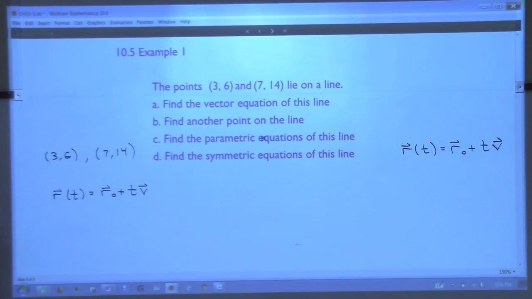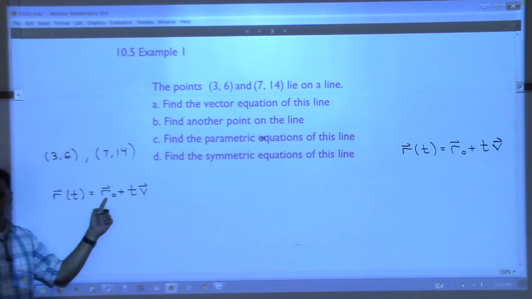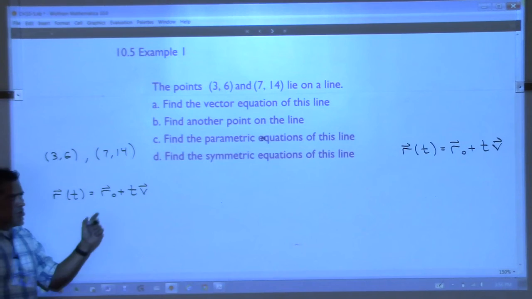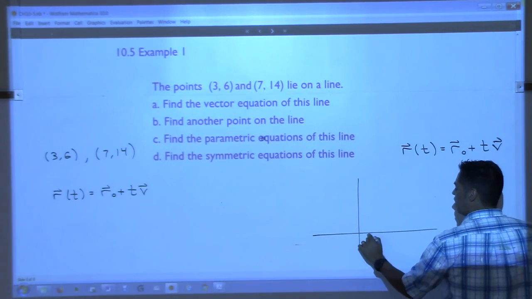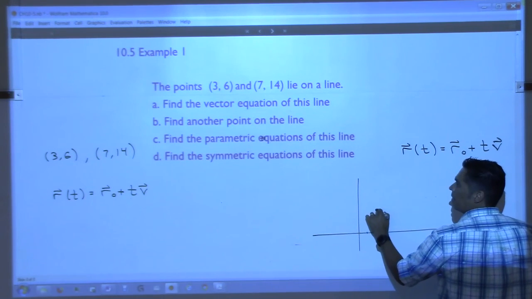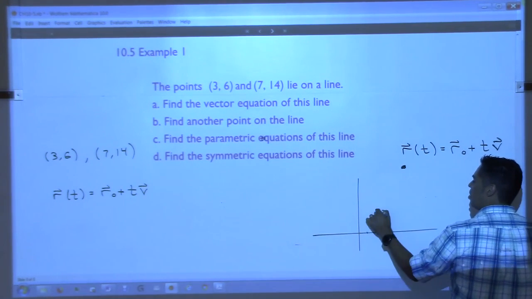And so let's start filling in some pieces here. What about the R0? Where does R0 come from? So try and visualize this. You have a couple of points here, (3, 6) here, and then (7, 14) here. You've got 2 points on this line, right?